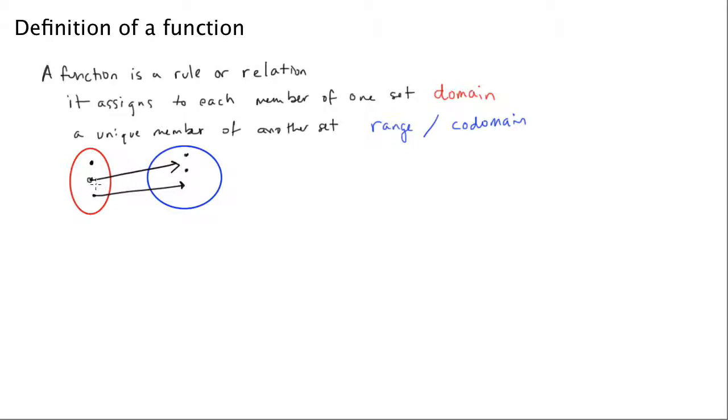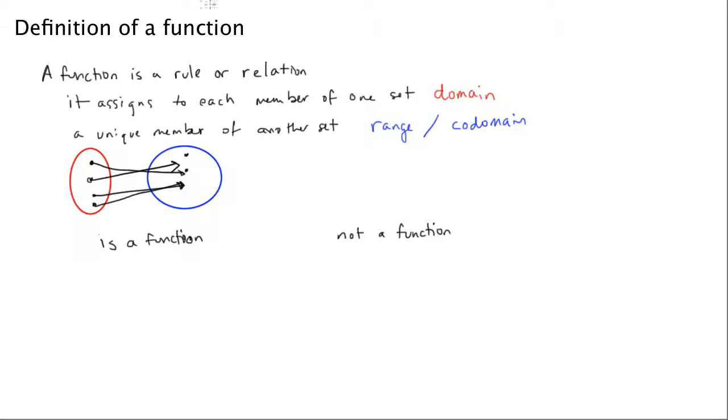Okay, so it's okay if two different inputs give you the same output, but it's not okay if one input gives you two different outputs. So this is a function. But this is not a function.